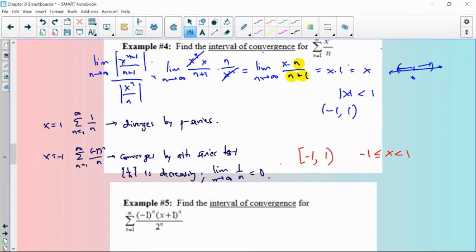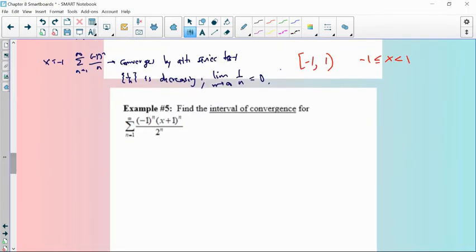Okay. Now, so let's look at the next example. For the next example, if you wanted to make this like a geometric series, you could think about that, right? It's a power, right? So, like if I rewrite this, I know it's alternating, so that's not a problem. But I could think about it as x plus 1 over 2 to the n, right?